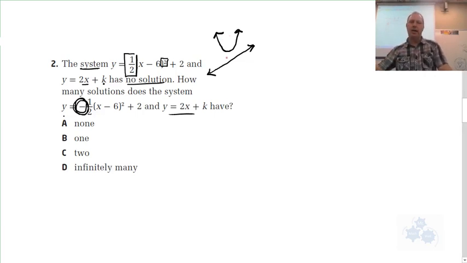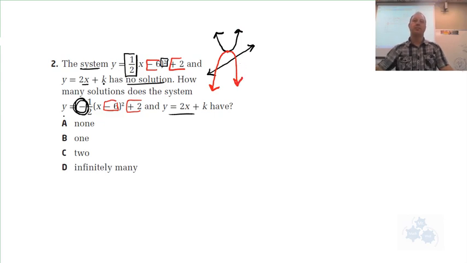It has the same vertex, doesn't it? You see how they have the same vertex? So everything is the same except for the negative part of the a value. So that means the vertex is the same, but now it opens downward. So if there were no solutions before, how many solutions are there now? Yeah, it's intersecting here and here. So it looks like there should be 2.